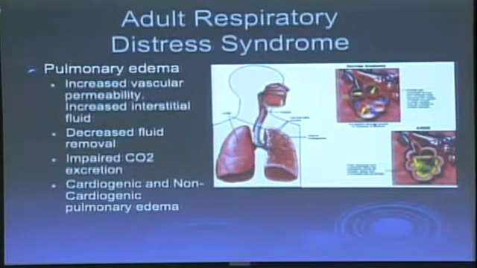Now, pulmonary edema can be caused by, well, the basic problem is increased interstitial fluid. Now, that can be caused by two sources, basically.